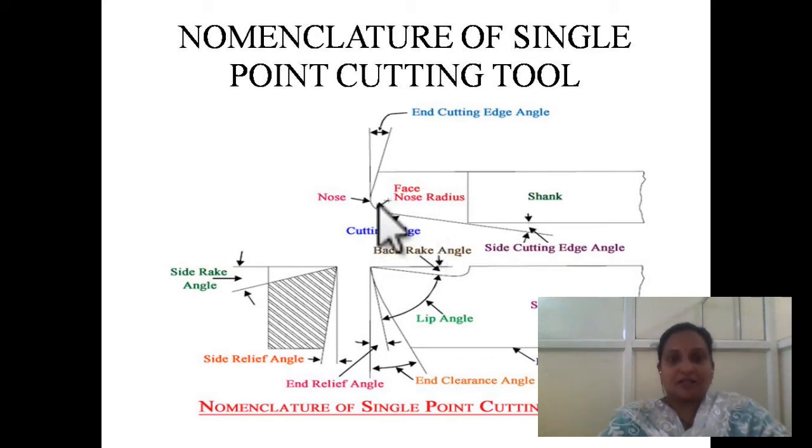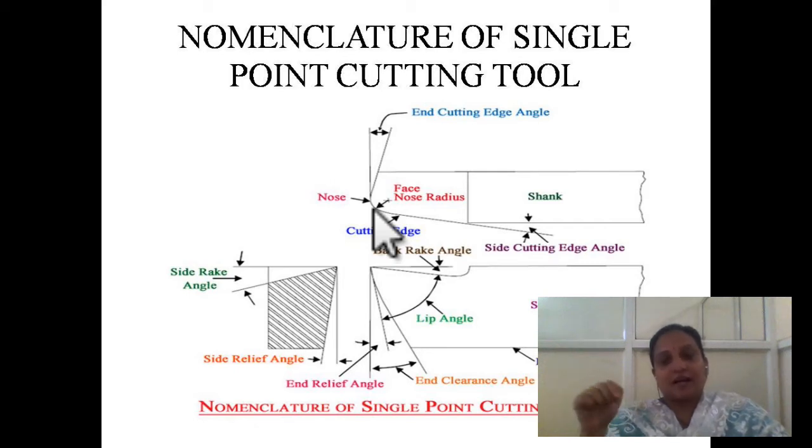This is the nose radius. The purpose of the nose radius is to get a smooth finish, and a larger nose radius like this is helpful for a smooth surface finish. Even if you run the machine at higher speeds, you can get a smooth surface finish.